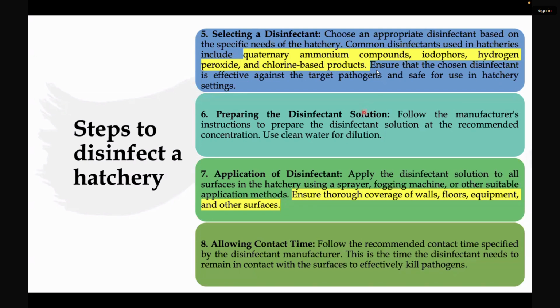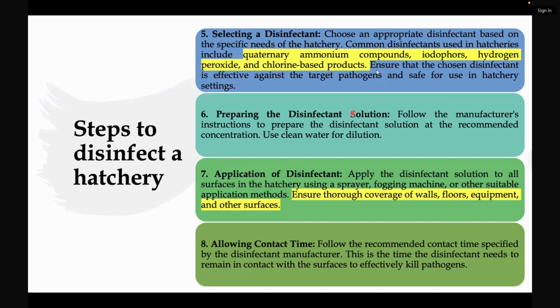So, by observing the manufacturer's guideline, we have to prepare the solution. There may be a recommendation that we have to mix 100 ml of disinfectant with 900 ml of water. Maybe this kind of recommendation will be there, so we have to follow the recommendation.